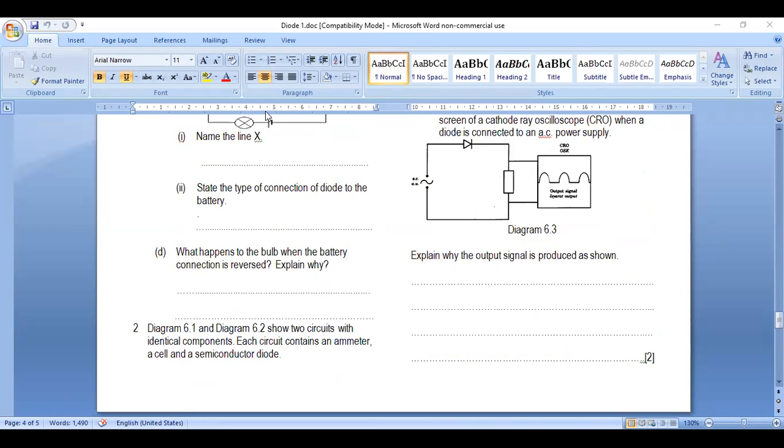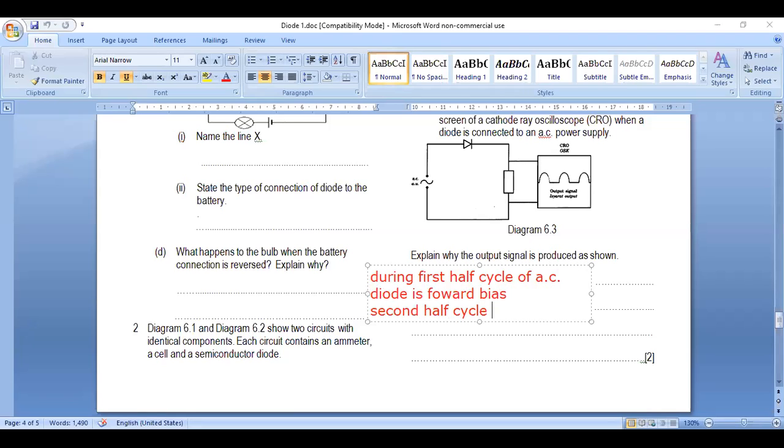You can say, during first half cycle of AC, alternating current, diode is forward bias. Second half cycle of AC, diode is reverse bias.